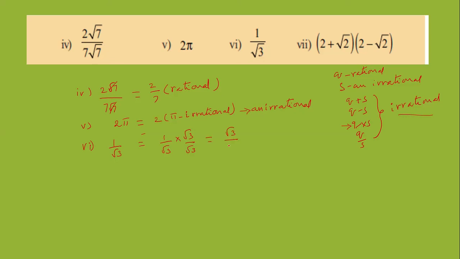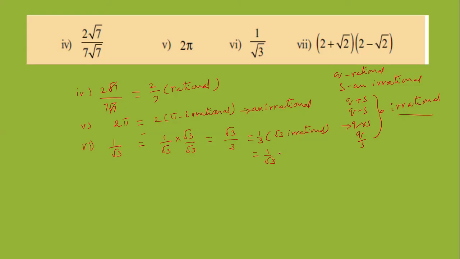In the numerator you get root 3. Root 3 is an irrational number. You take the 1/3 part of an irrational, then that is also an irrational.